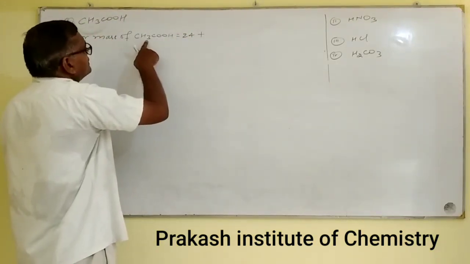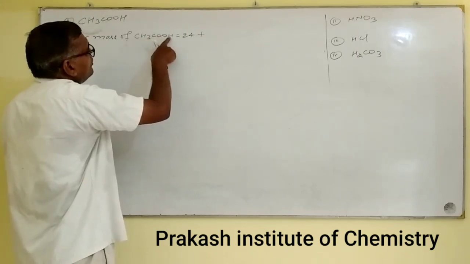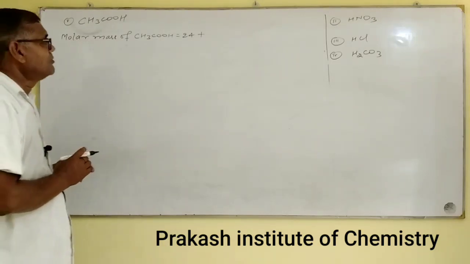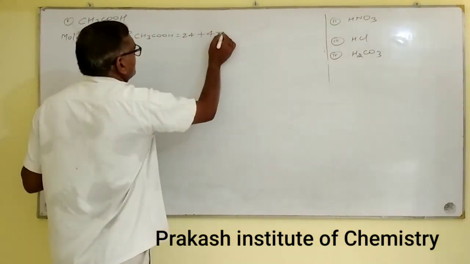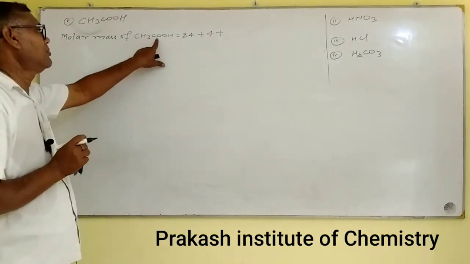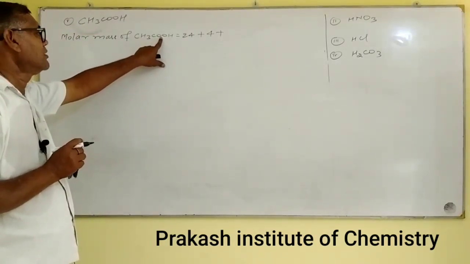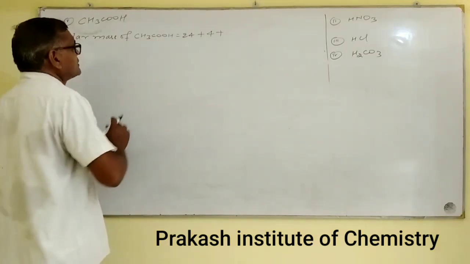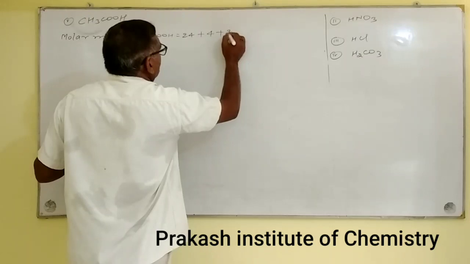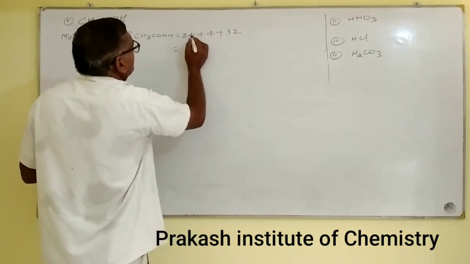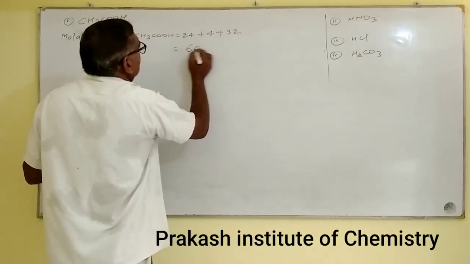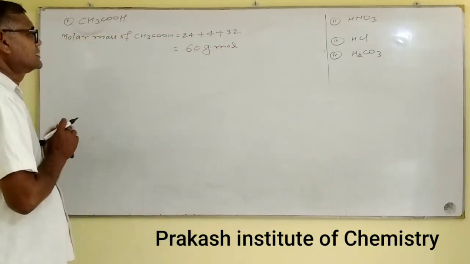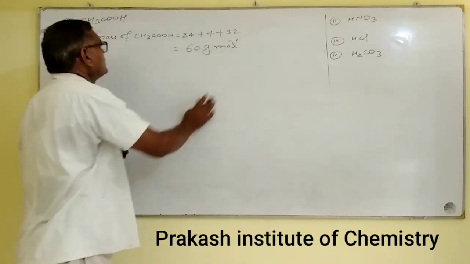In acetic acid, number of hydrogen atom 4. Atomic weight of hydrogen is 1. We multiply 1 and 4, we get 4. In acetic acid, number of oxygen atom 2. Atomic weight of oxygen is 16. We multiply 16 and 2. We get 32. We add and we get 60 gram mole inverse.